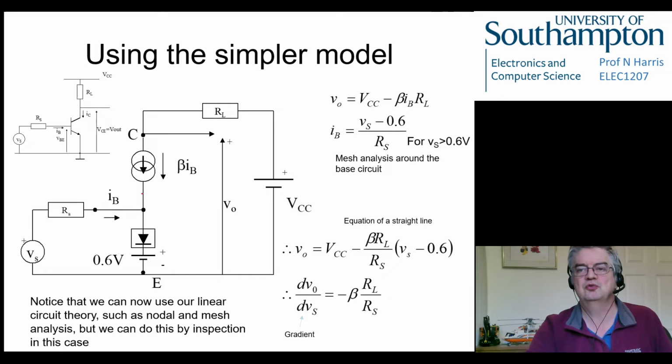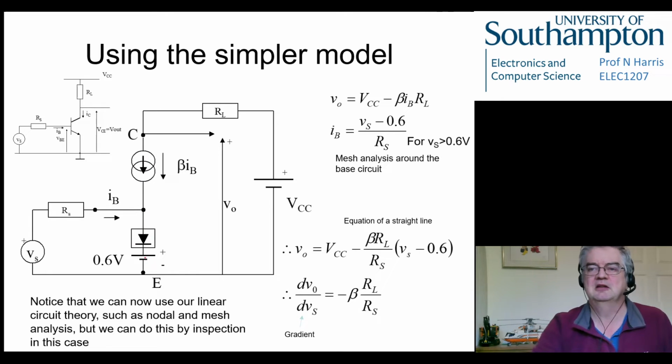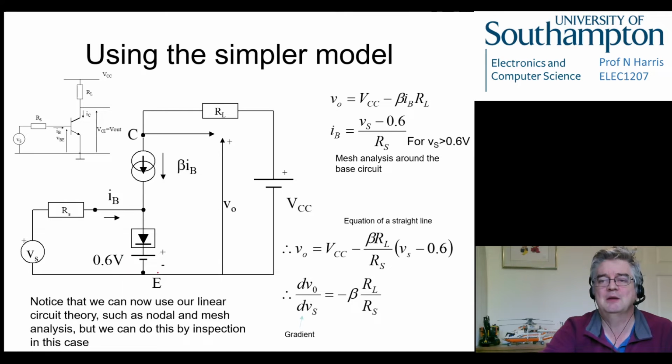So we've got our current source, our ideal diode, and our 0.6 volt source. And remember, this isn't a real battery. You can't go digging in the transistor and trying to find it. It's not there. It's just an abstract representation of what the model looks like. Put our resistors in, put our sources in, and then we can start to see what's going on.